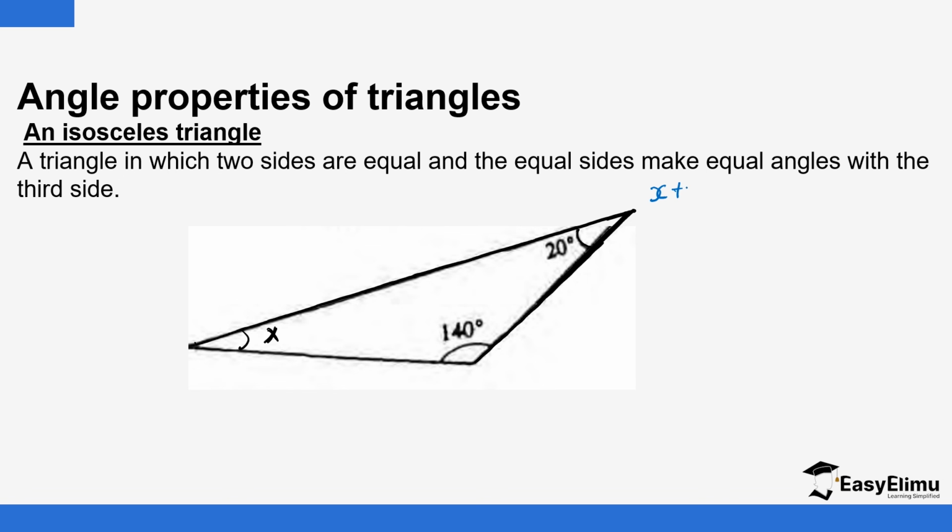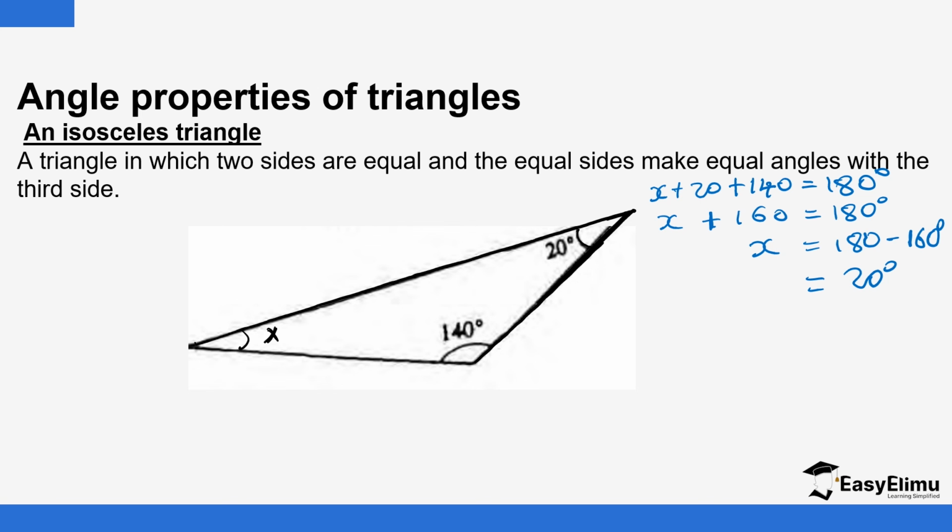So you have X plus 20 plus 140 degrees should be equal to 180 degrees. So X plus 160 should be equal to 180 degrees, and X should be equal to 180 degrees minus 160 degrees. What do you get? 20 degrees. So this one here is 20.